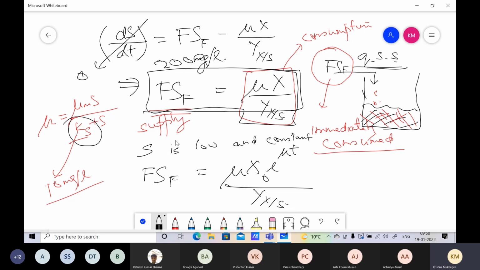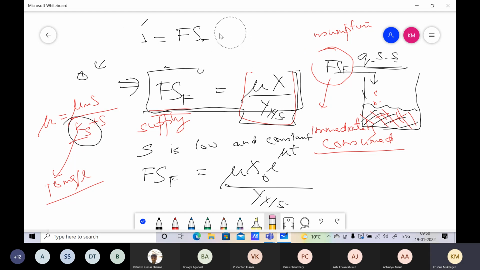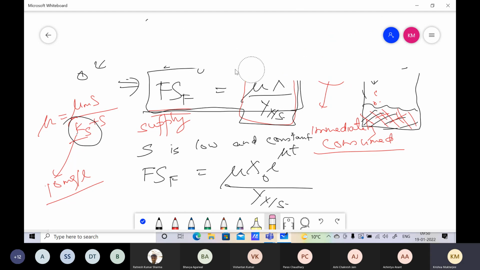Now let us jump a few steps and not solve differential equations. Let us do it quickly because we are running out of time. And therefore, by definition, given a certain QSS, your F becomes equal to mu x naught e raised to mu t divided by Yx by s SF.